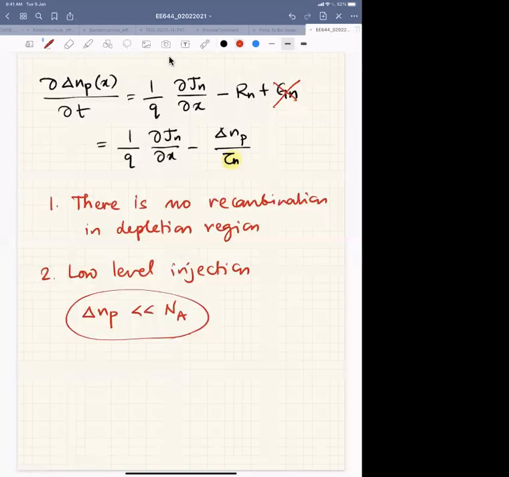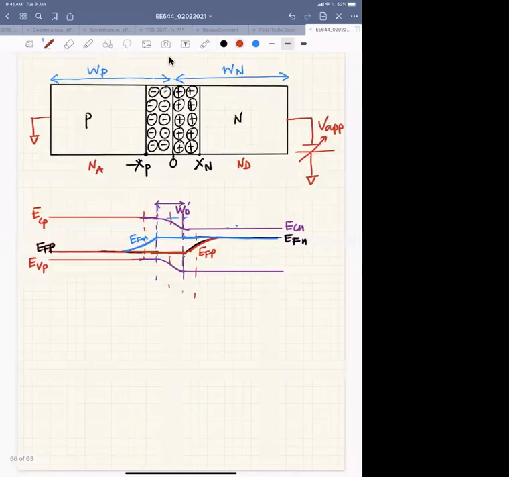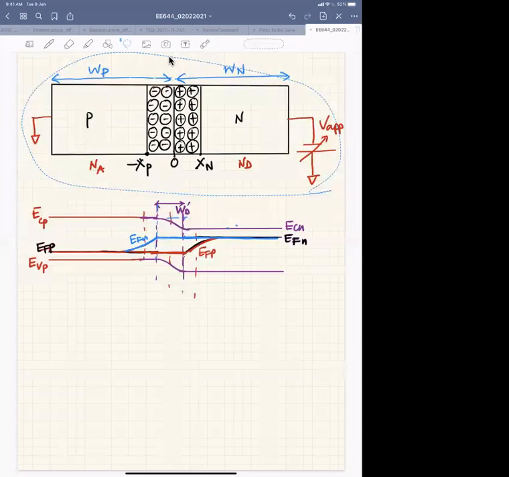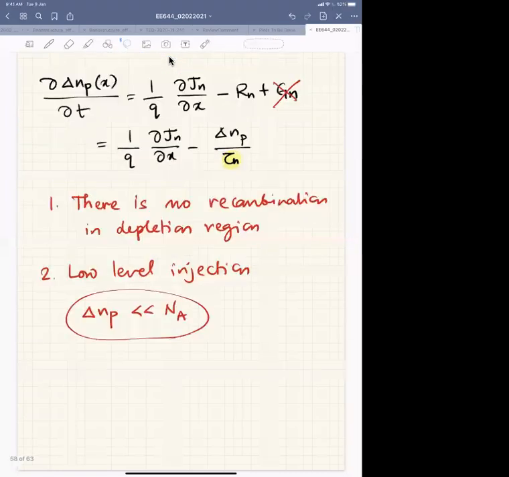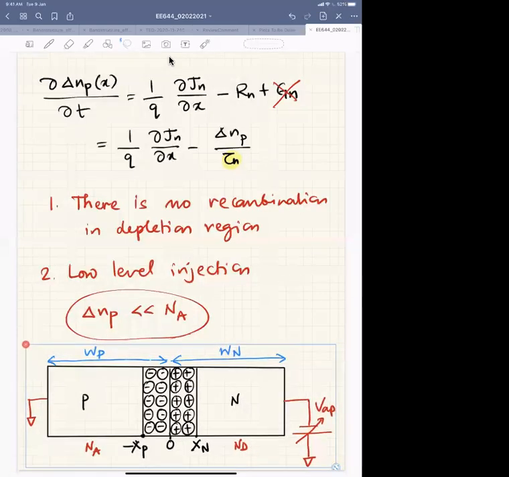This is a very important assumption here, as I told you in the last class also. If I look at this highlighted region, electrons are injected, but this region is charge neutral.